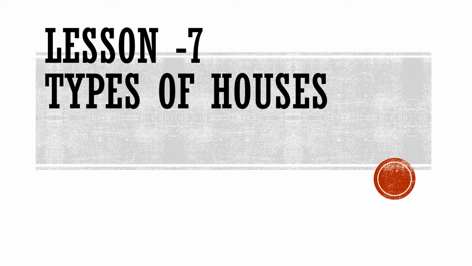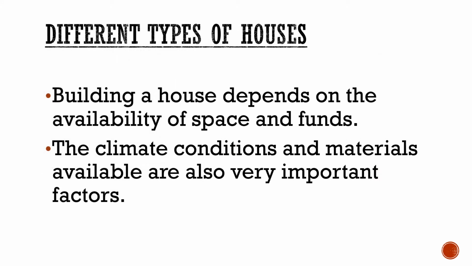Today, let us begin the next part of lesson number 7, Types of Houses. We have learned about different types of houses, isn't it, children? Let us just revise on what factors we can build our house.